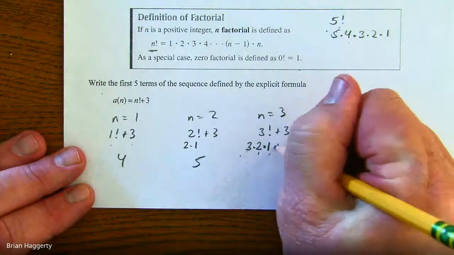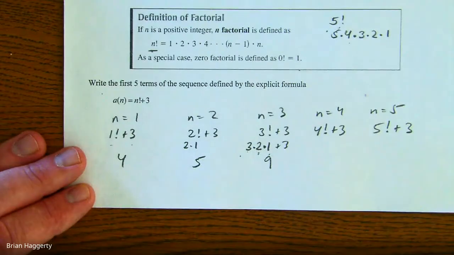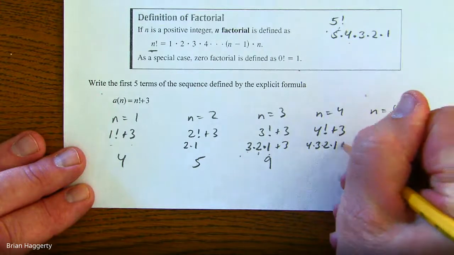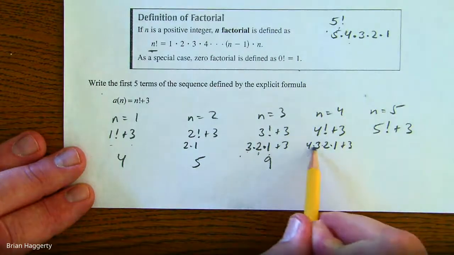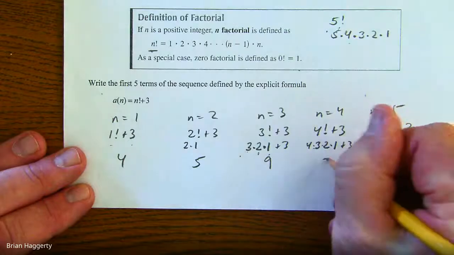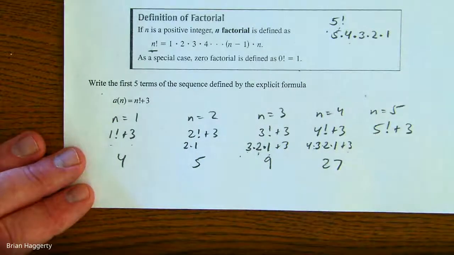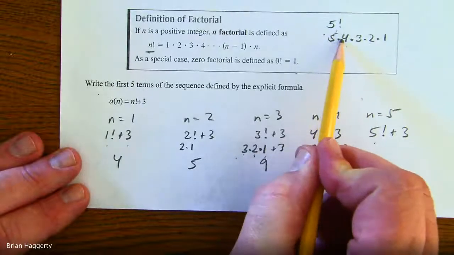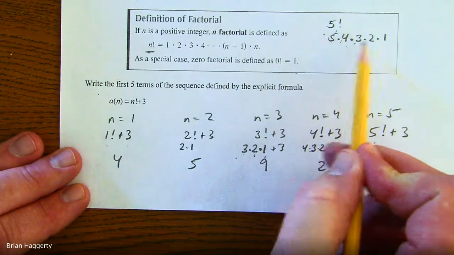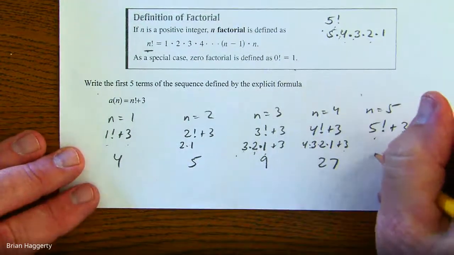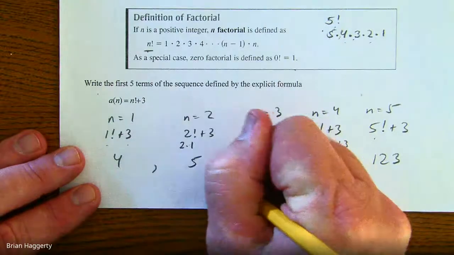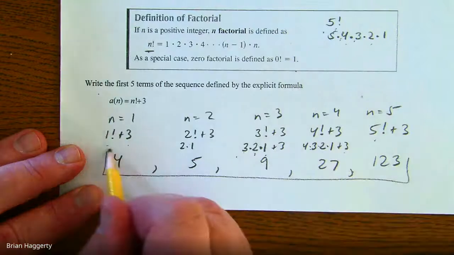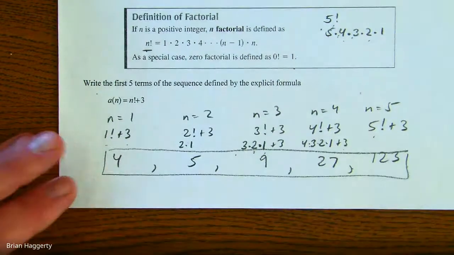And then that plus 3 is 9. 4 times 3 times 2 times 1, so it's 12, 24, 27. And then the 5 factorial I already wrote up there. 5 times 4 is 20, times 3 is 60, times 2 is 120, and then plus that 3 will make it 123. So that's our sequence.